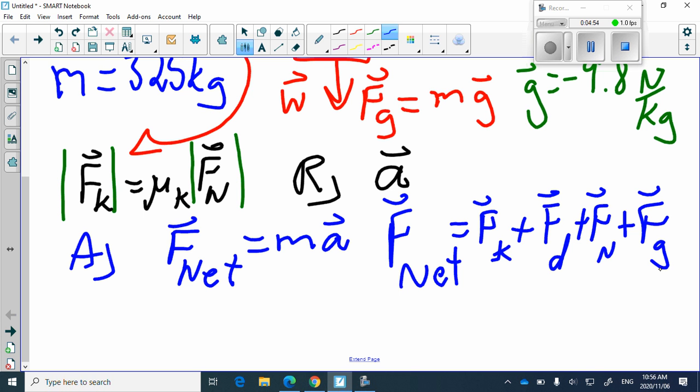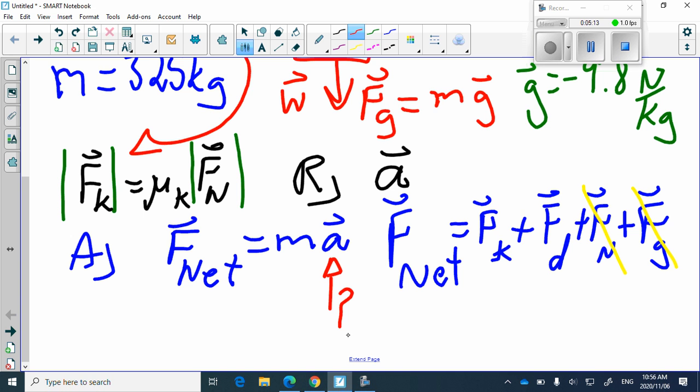We know from our free body diagram and from previous work that because the surface is horizontal, those last two cancel, right? And remember, this is an assignment question, so I'm not going to do the full solution.